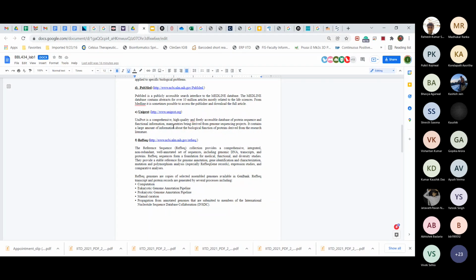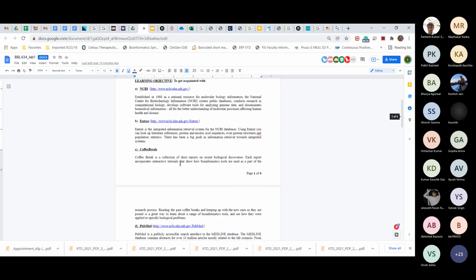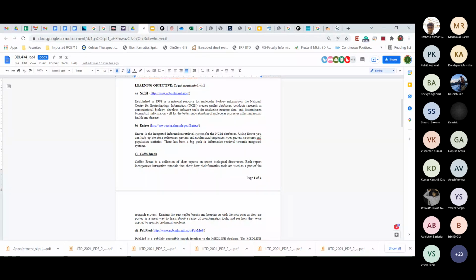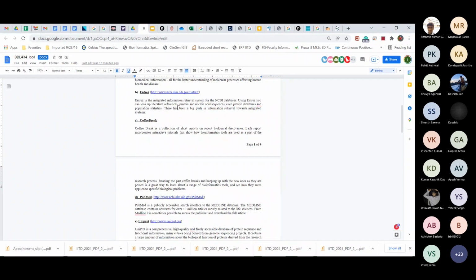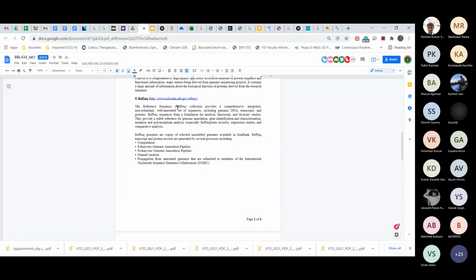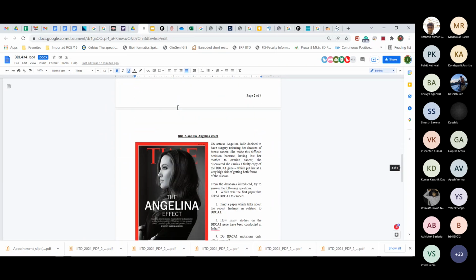If you want to find the latest sequence, the letters of a gene, then you will go to RefSeq, because it has a collection of all the different kinds of genes that have been sequenced, and so on and so forth. Entrez has now been merged with PubMed. NCBI has many other tools. This is basically a central repository for hosting all these tools.